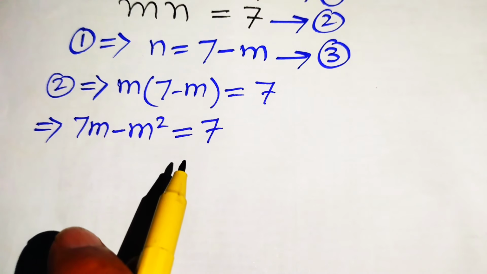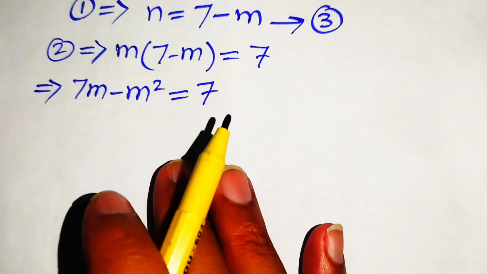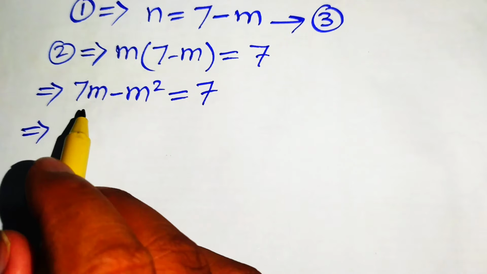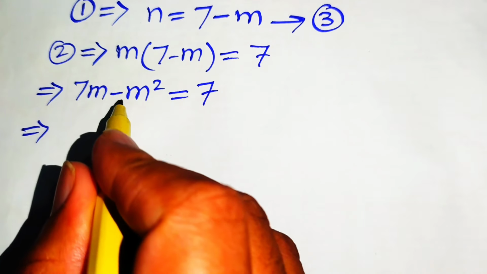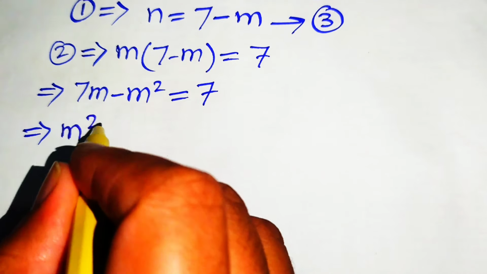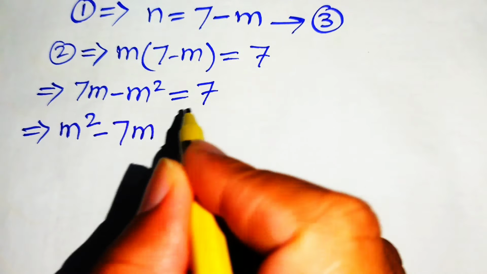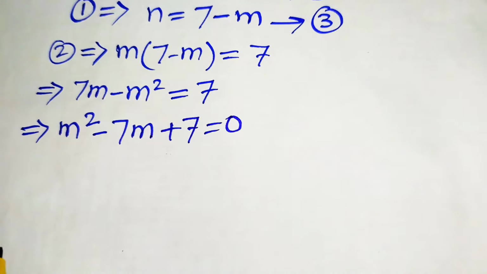It is already quadratic, but it is not in standard form, so we rearrange the terms and move them to the right hand side. Minus m square becomes plus m square, plus 7m becomes minus 7m, and plus 7 equals 0.